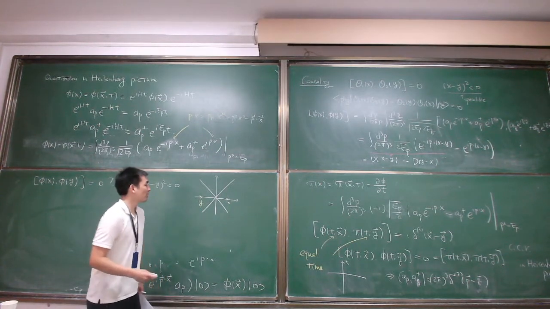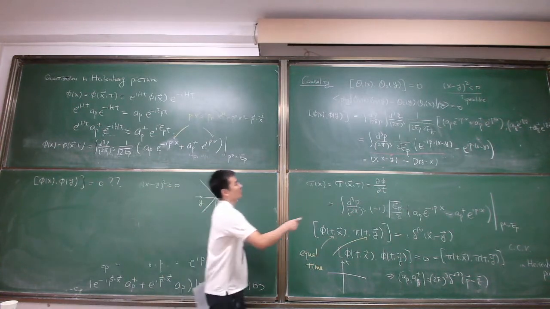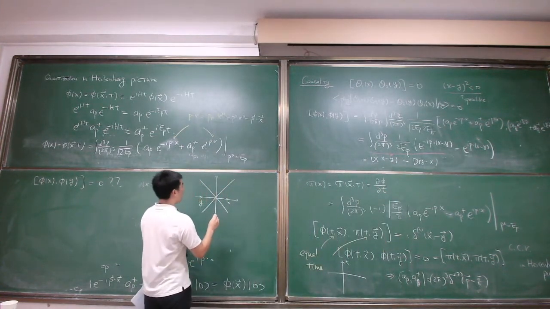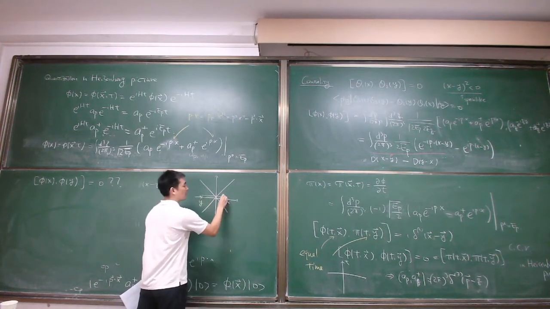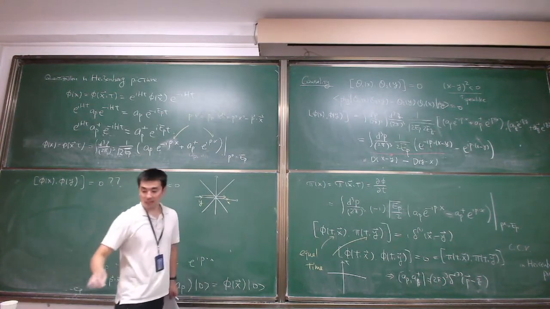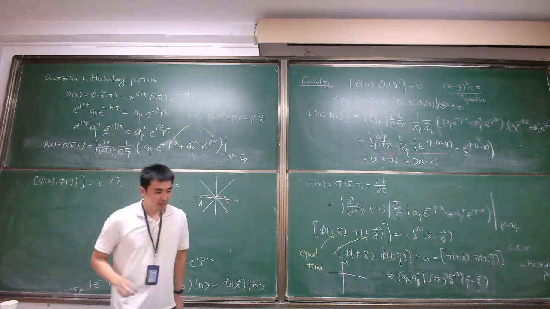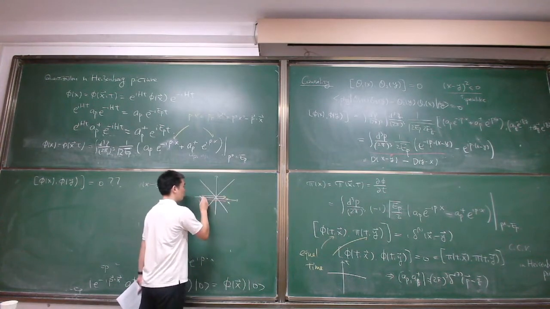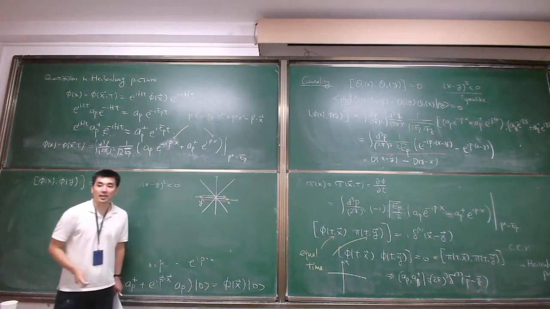So x minus y is this vector, and y minus x is, I should use red chalk, this is y minus x.